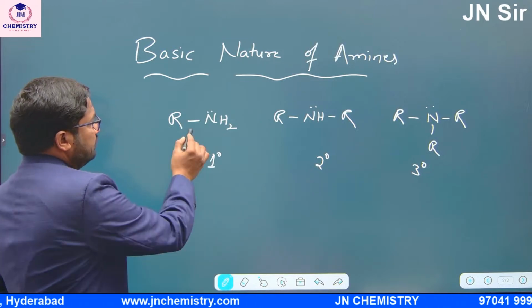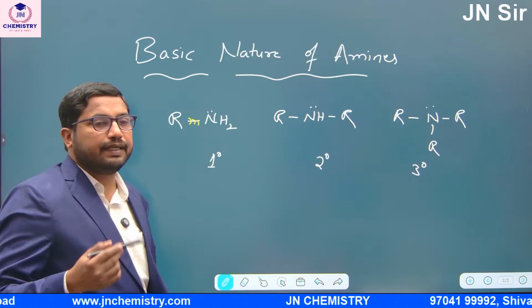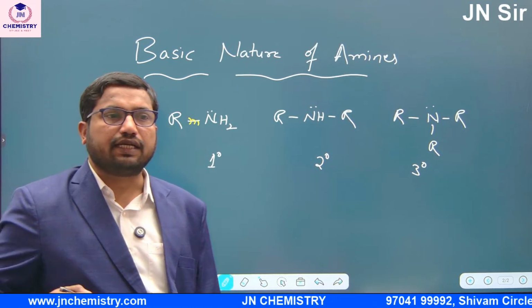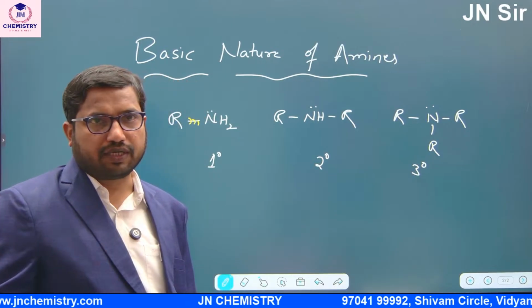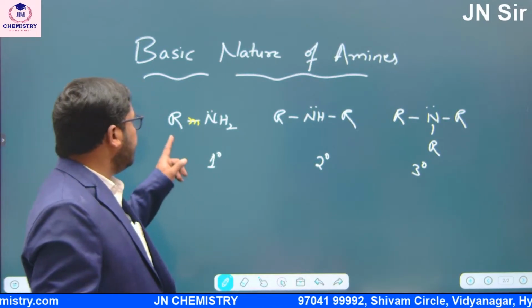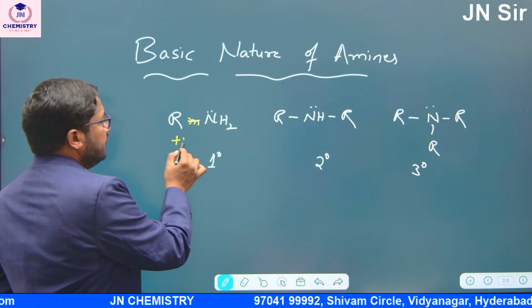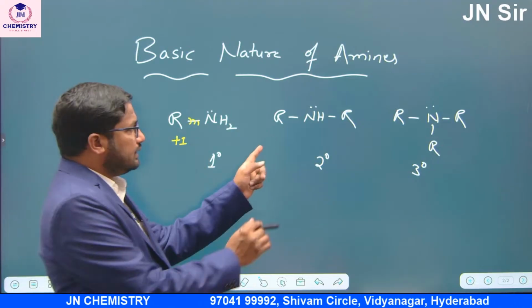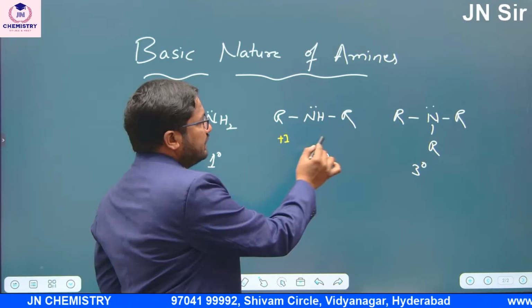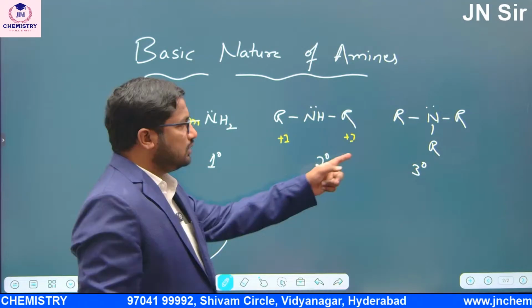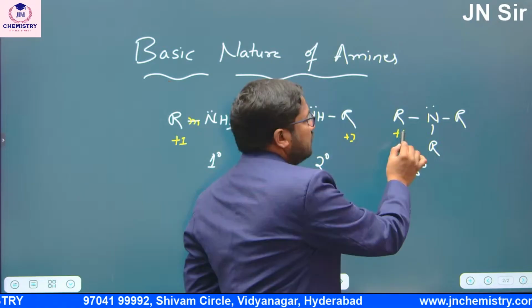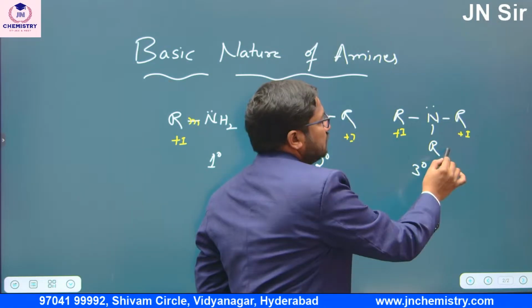So what exactly is basic nature? If they donate lone pairs more and more, that is more basic nature. So actually R is the plus I group. In this case, one plus I group; in this case, two plus I groups; in this case, three plus I groups.